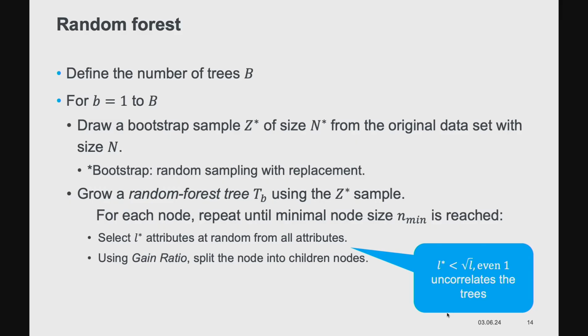Well, we want to decorrelate these trees. We use gain ratio, for example, to split the node into children nodes. The number of attributes we choose tends to be smaller than the square root of the number of attributes. So if you had 100 attributes, we would maybe select only 10 or 9 of them.